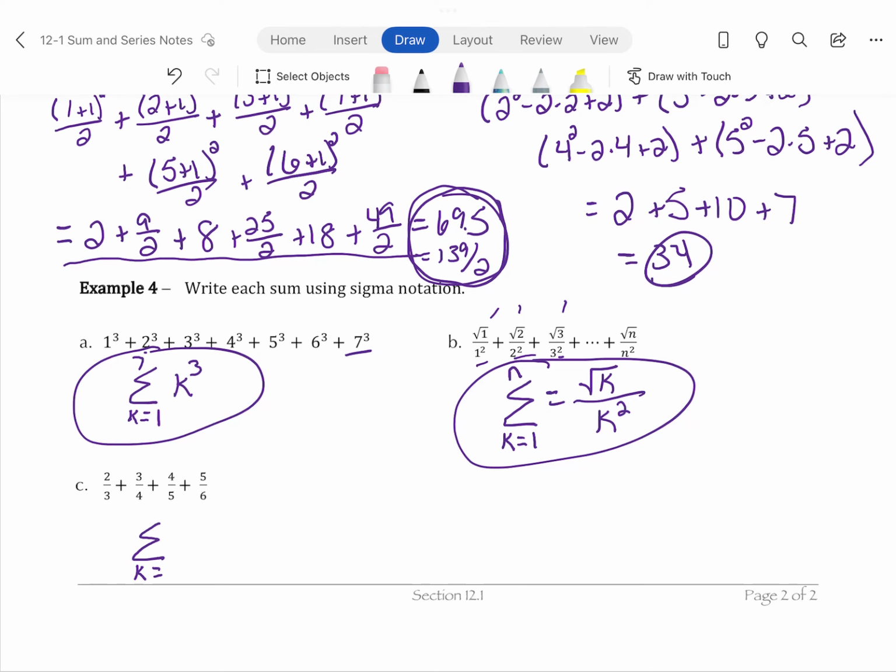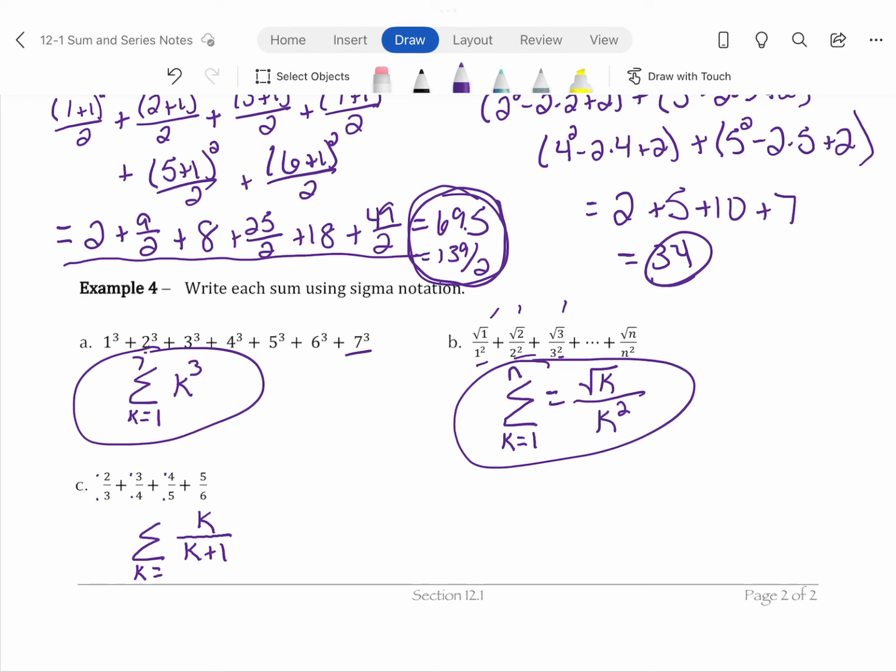I'm also going up by 1s on the bottom, 3, 4, 5, 6. The bottom ones are bigger than the top. Let's do some thinking. Here I have 2, I add 1, I get 3. 3, add 1, I get 4. 4, add 1, I get 5. So maybe this is k, and this is k plus 1, because on the bottom it's 1 bigger every time. Let's see if that works.